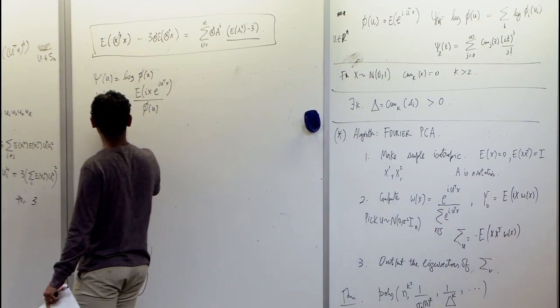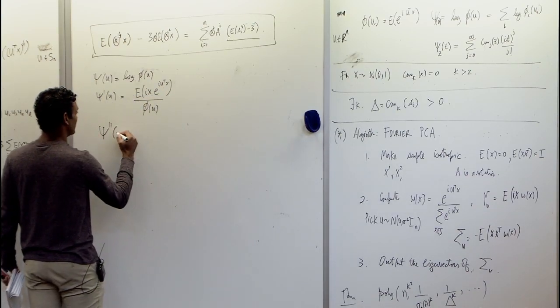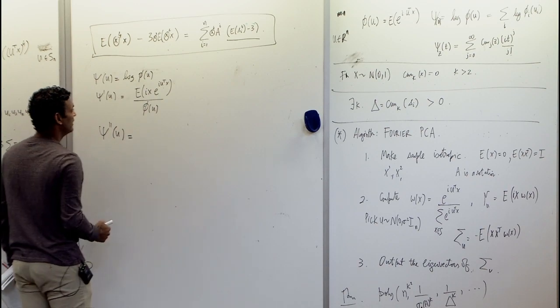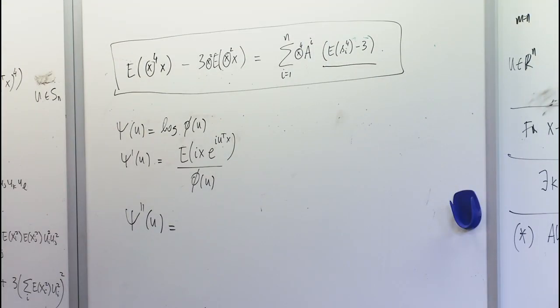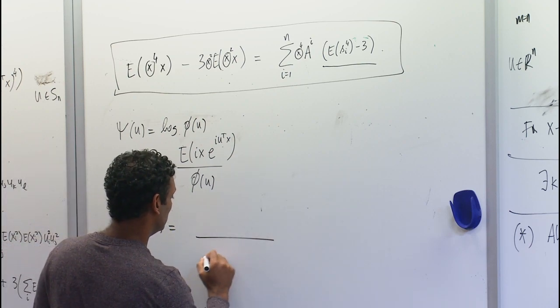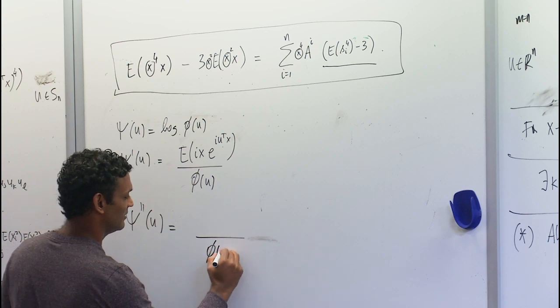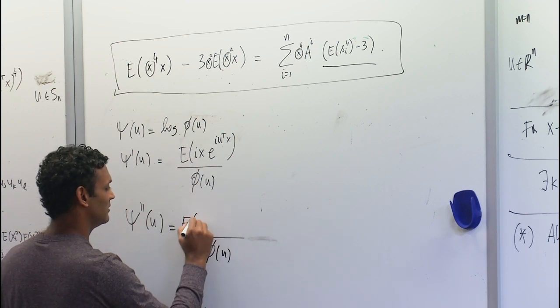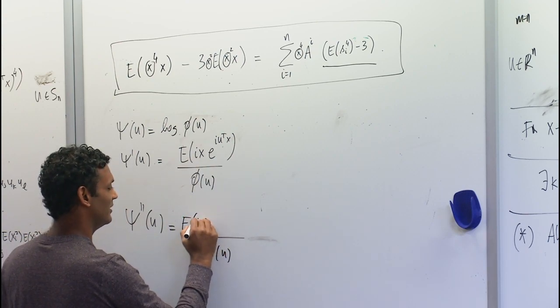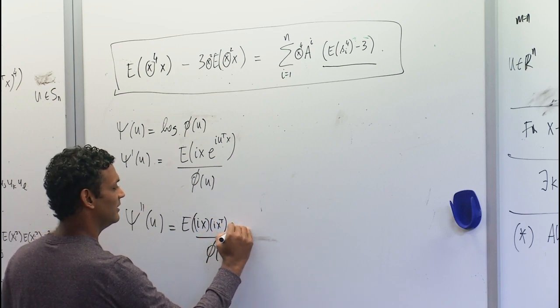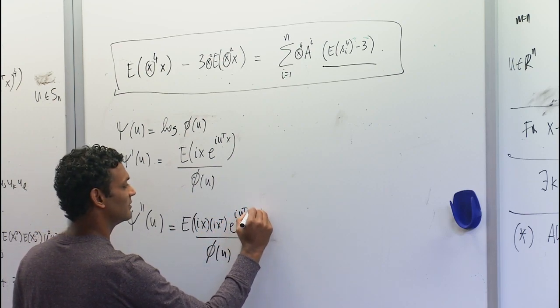Now let's look at the second derivative. The second derivative is the Hessian, and I can do the calculus, but okay. So we get two terms. Take the derivative of the ix transpose e to the i u transpose x.